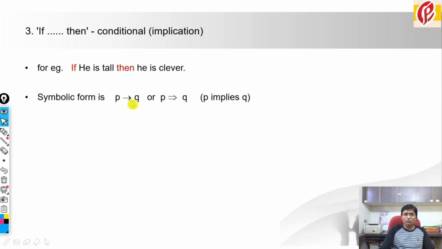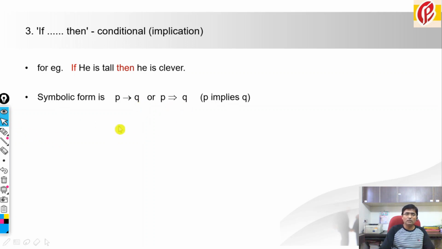So P implies Q. If and then is there, then we have to write this symbol. This is the symbol of if then. So P implies Q. This is also a symbol of implies or if then. You can write this way or this way. And how to read it? P implies Q.